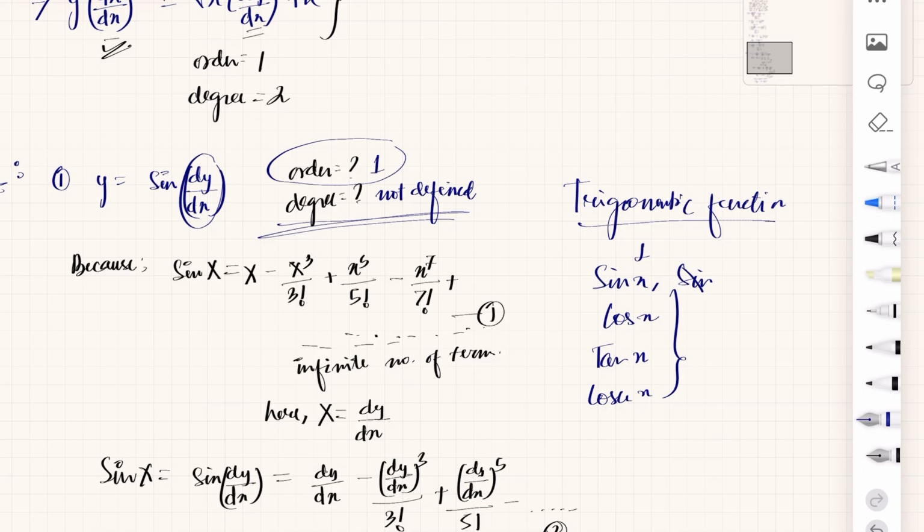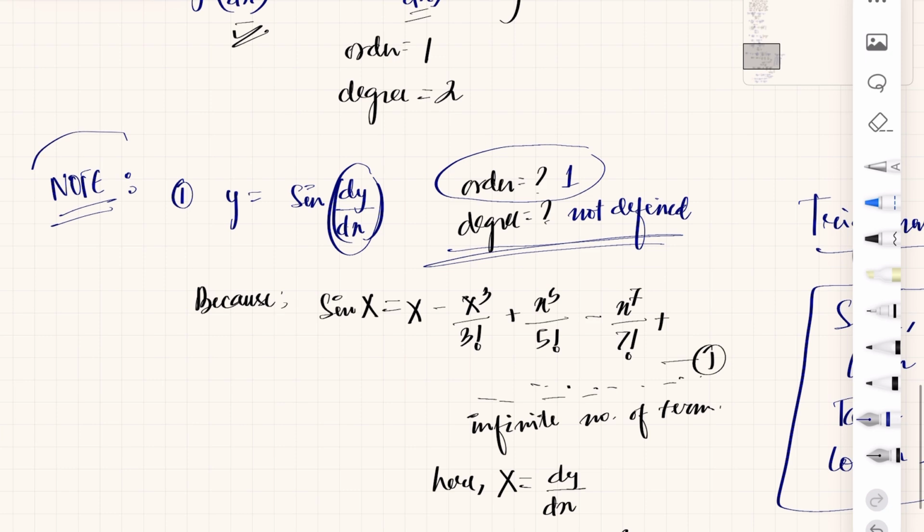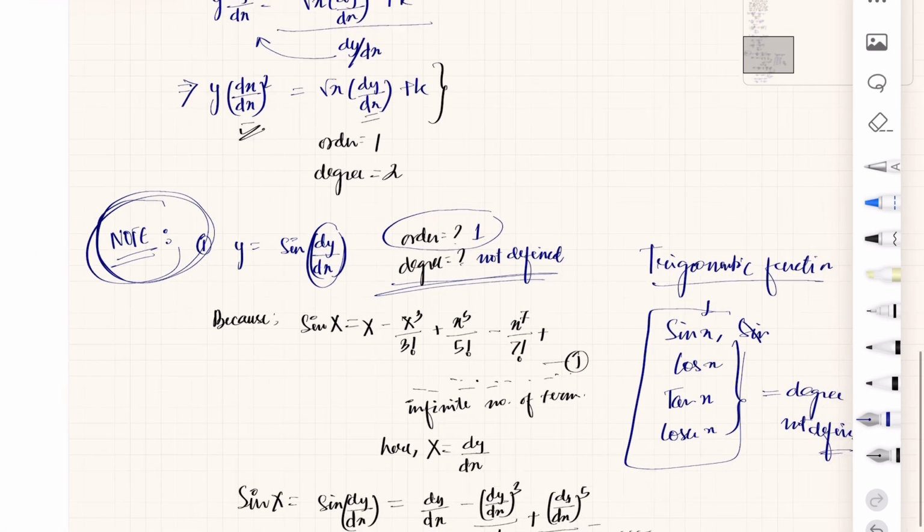So it can be any trigonometric function. If you see any trigonometric function in an equation, in a differential equation, the degree is not defined. Okay, so it's very, very important. That's why I told you to write it down properly. So these are the examples.